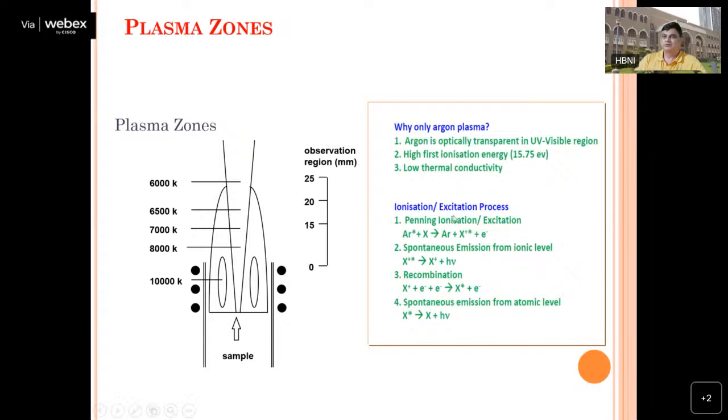And this is how the generation of the process happens, which is the pairing ionization and the excitation. Argon ions will react with X, and then it will give you argon atom plus X plus minus and electrons, and spontaneous emission from the ionic levels, and then recombination and spontaneous emission from the atomic level.